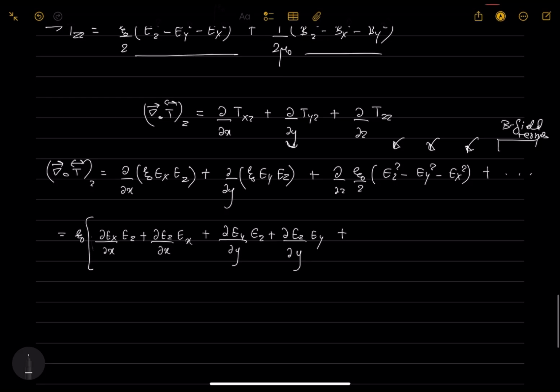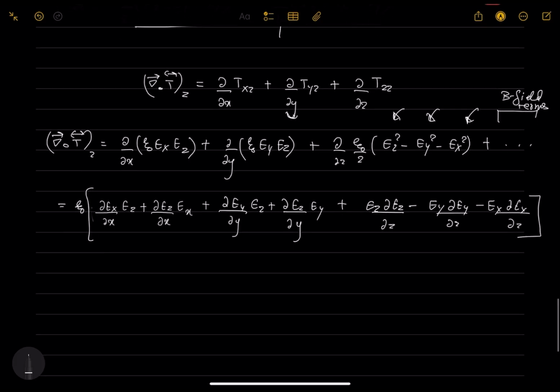I think you should go through the algebra and think about whether the cancellations work out right. So the first term is going to be Ez times dEz/dz. The second term is going to be Ey dEy/dz. The third term is going to be Ex dEx/dz.